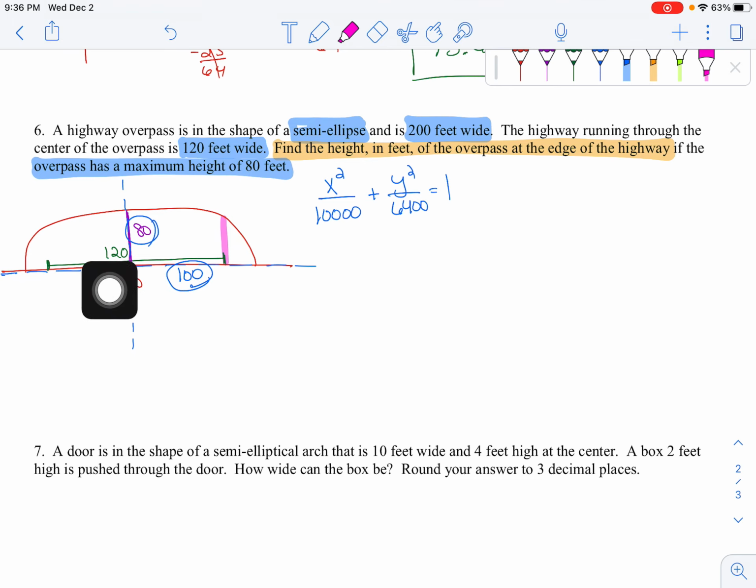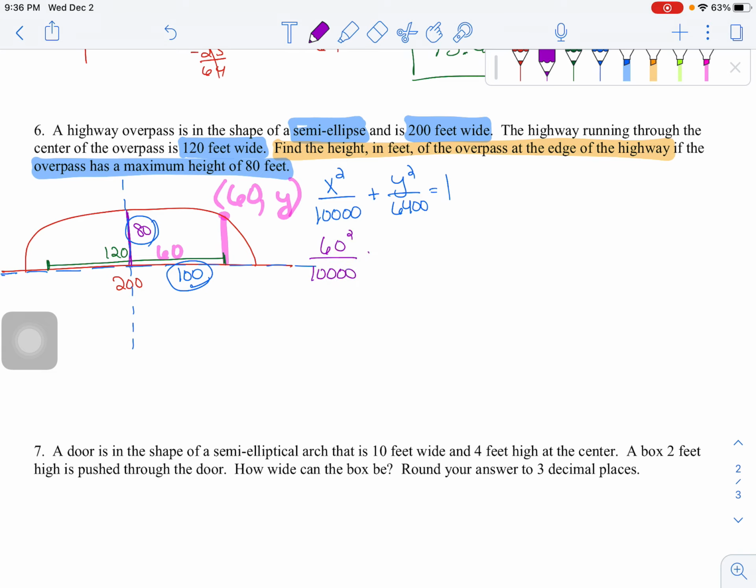The 120 spans both halves of the ellipse, both sides of it. So I actually want to take that 120 and chop it in half and just work with 60 feet on the left side or the right side. So this point right here would be 60 feet on x, and I don't know how tall. That's what we're trying to figure out.